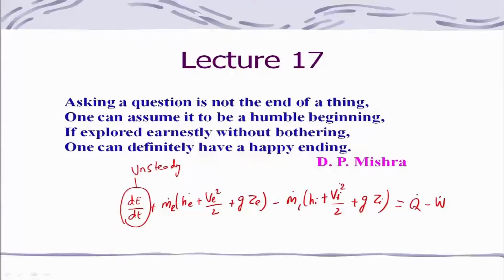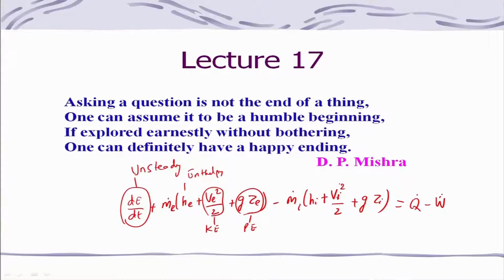And this is your enthalpy, this is the kinetic energy term, and this is your potential energy term. Similarly, this is about the exit, and this is about the inlet, the enthalpy, kinetic energy and potential energy. This is your heat interaction, and this is your work interaction.